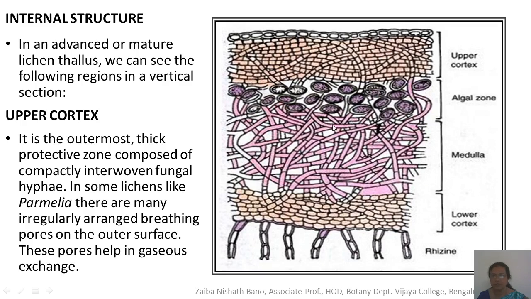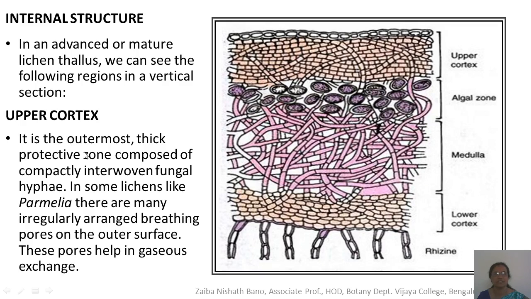You can see some loosely arranged hyphae, the third layer called the medulla, and you can see a lower cortex here. From the lower cortex you find elongated, root-like structures, which we term rhizines. Now coming to these four parts, the first one is the upper cortex, which you can see here.